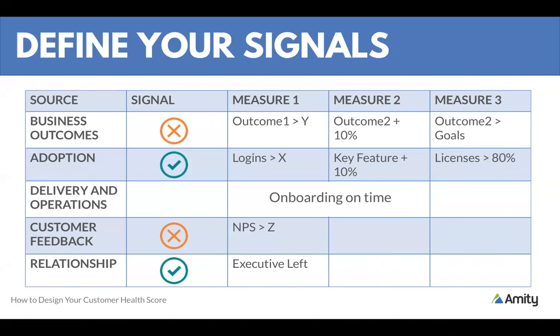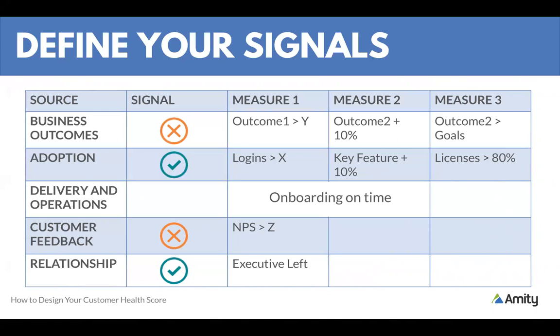In this case, we've identified business outcome as one source of signal, adoption as another, delivery and operations as another, customer feedback as another, and customer relationships as another source of signals. That's a pretty good list, but I'm sure that you'll have others.